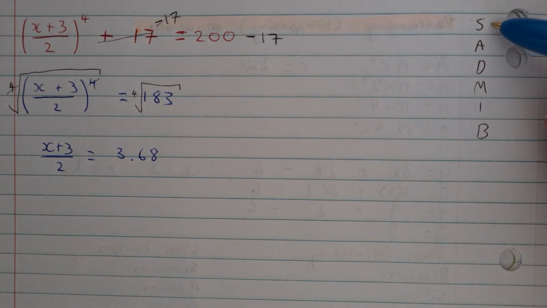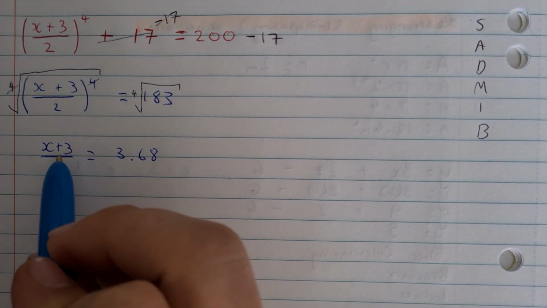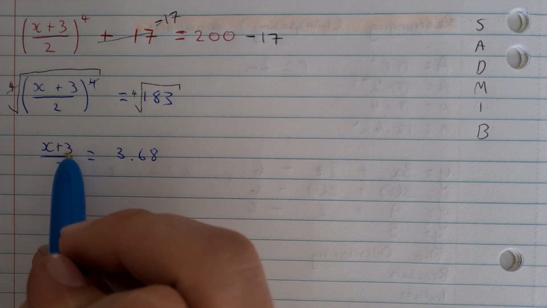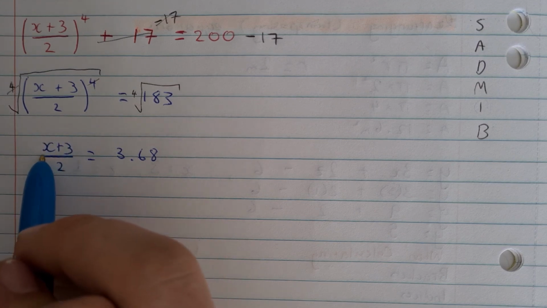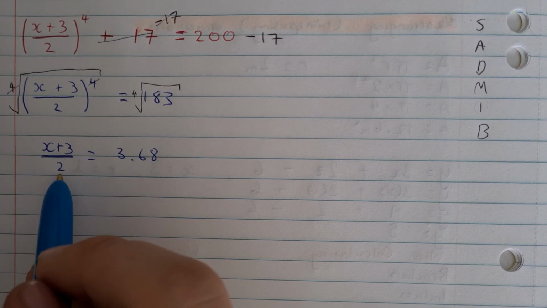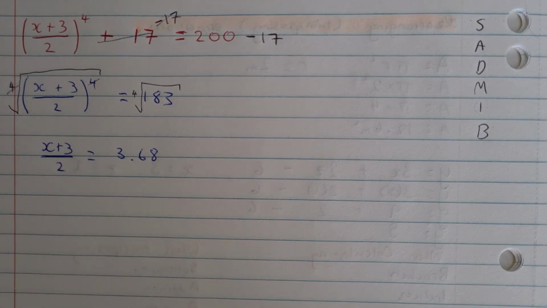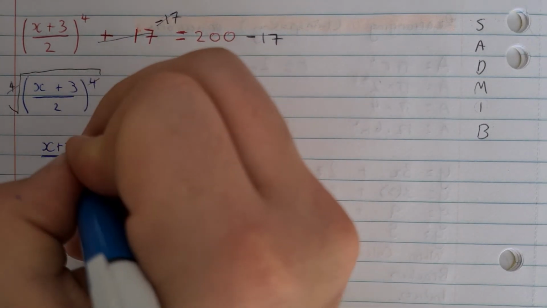The first thing I see now that we've sorted out the index and we've relieved the brackets, we can go back to the top. The first thing we see is a division. You might say there's an addition there, but because the entire x plus 3 is all divided, the whole thing is divided by 2, that's the first thing we need to get rid of.